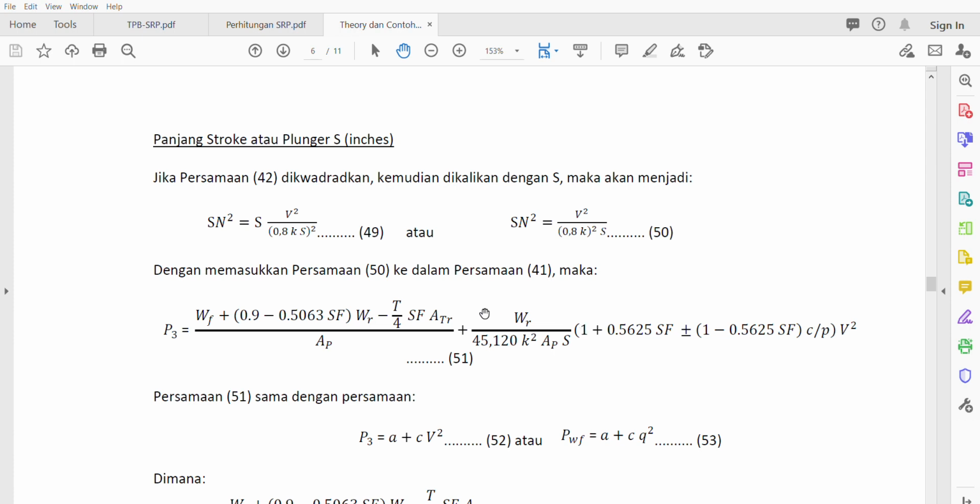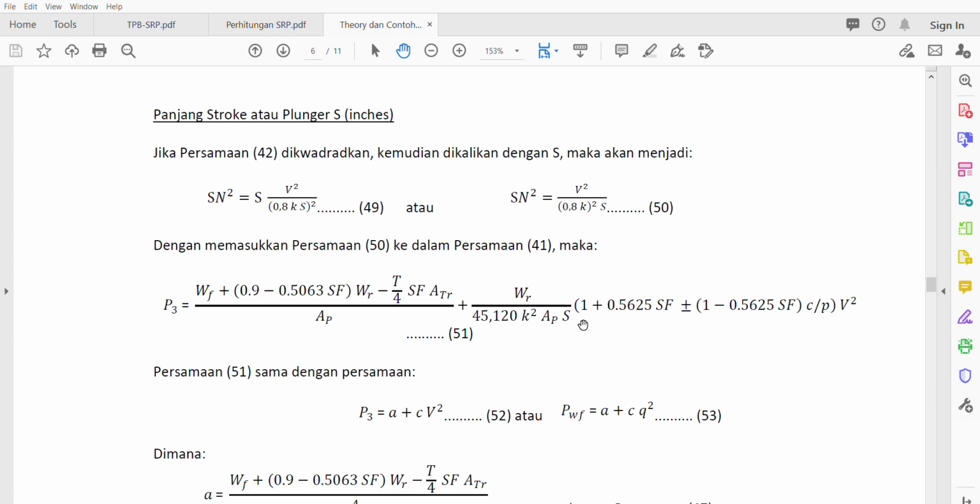We plug in the number from equation 41, so we have the whole thing. Now we end up with v squared, so this one is the same A, and this whole thing is C, so it becomes PWF equal to A plus CQ squared for a certain s.